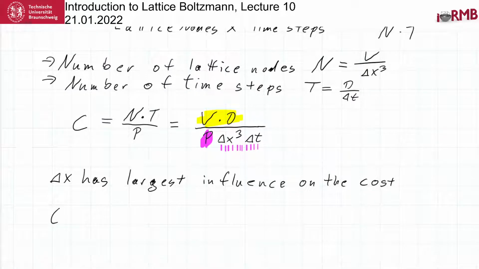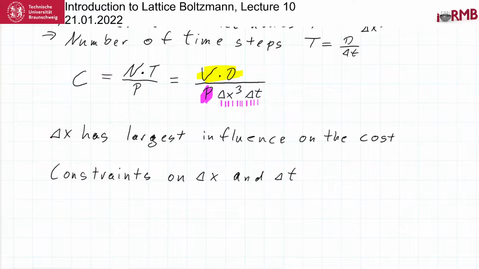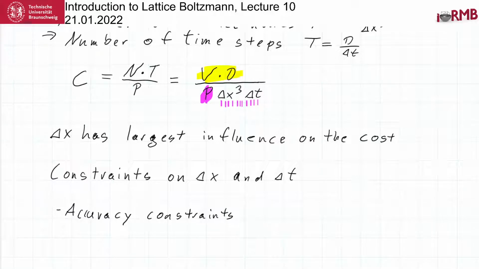However, there are of course constraints on delta x and delta t, and of course there are very important accuracy constraints, but we'll not talk about them today.